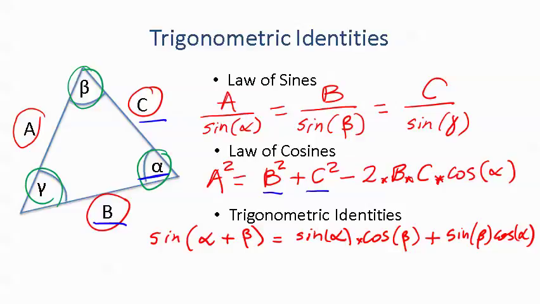If instead of having the sine of alpha plus beta, if we had sine of alpha minus beta, then all we have to do is to change the addition to subtraction in this expression.